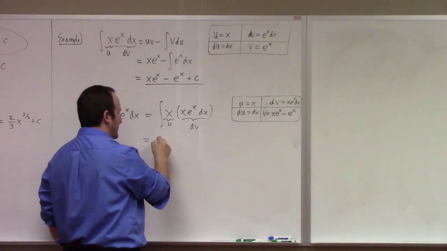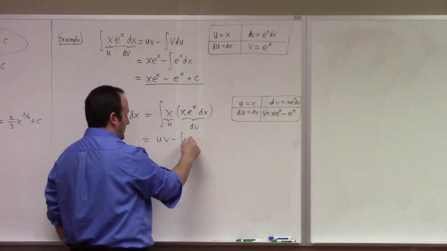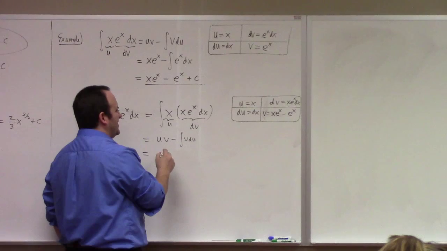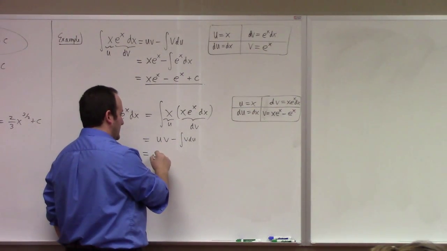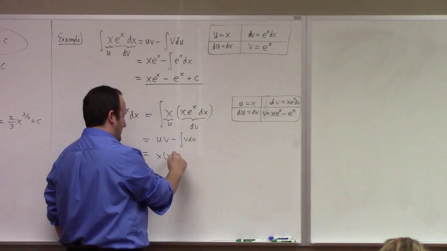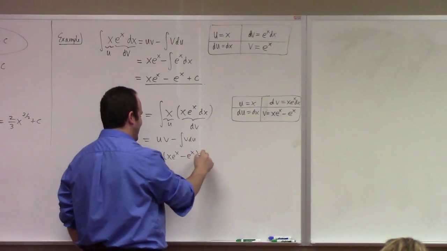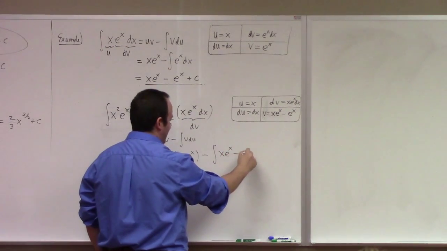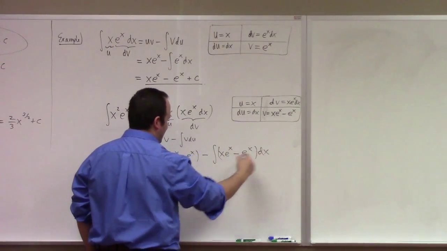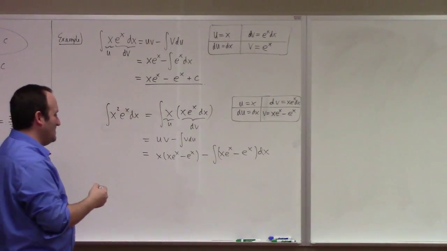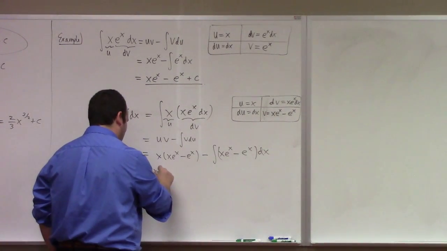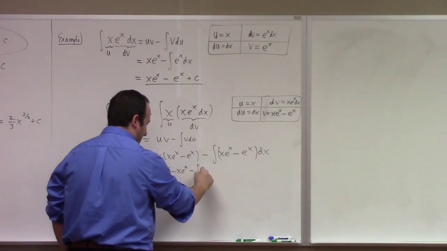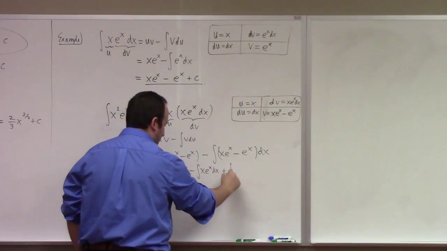So this would be uv minus the integral of v du, which would be x times x e to the x minus e to the x, minus the integral of v, which is x e to the x minus e to the x, dx. So this gives us x squared e to the x minus x e to the x minus the integral of x e to the x dx plus the integral of e to the x dx.